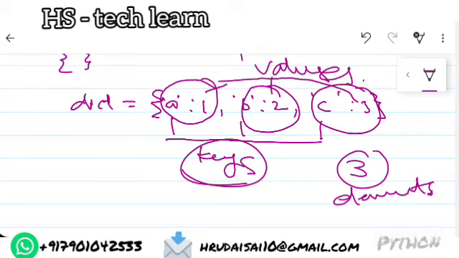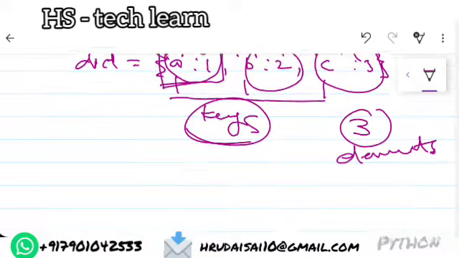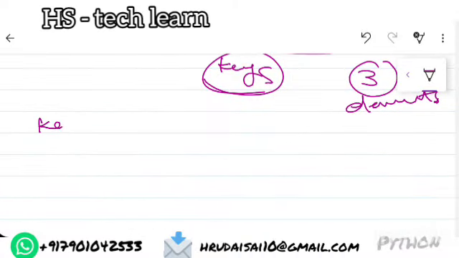So we can ask there are 6 values, we can see A, B, C, 1, 2, 3, but here we have to consider this key and this value as a single element. This is a set. Okay. So now here we have one more condition, that no two keys should be the same, that is keys are unique.